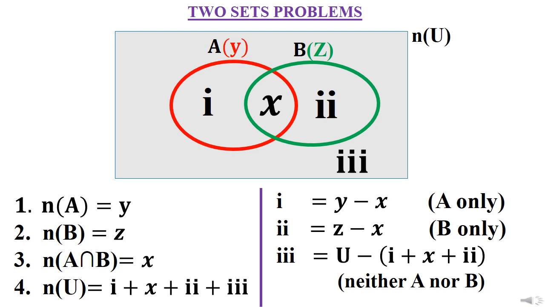Then the result becomes our neither A nor B. So it is the same as A union B complement. Whenever you are asked to find neither A nor B, or none of the two sets, the number of members that doesn't belong to any of the two sets, we add everything in the two circles, we subtract it from the universal set, and the result becomes our none of the two sets.